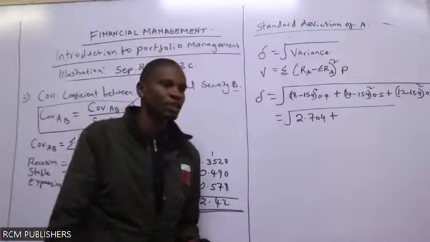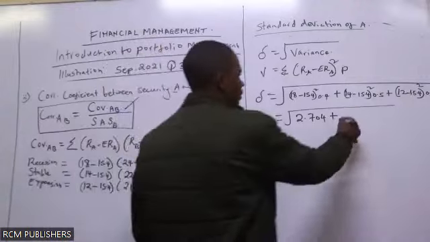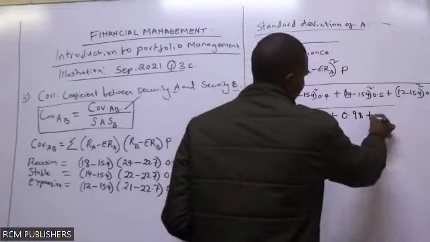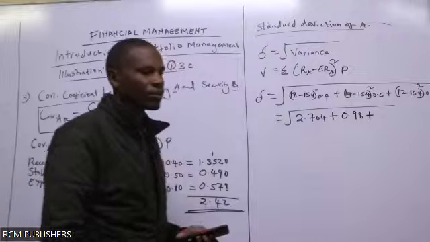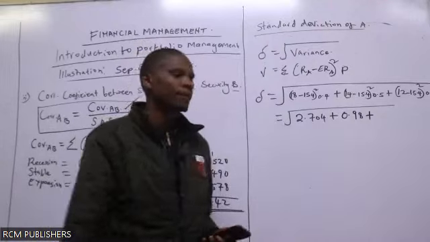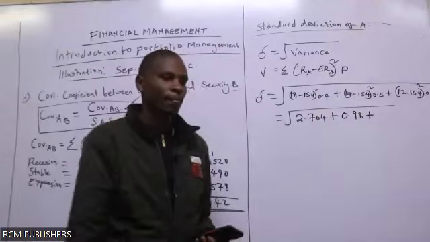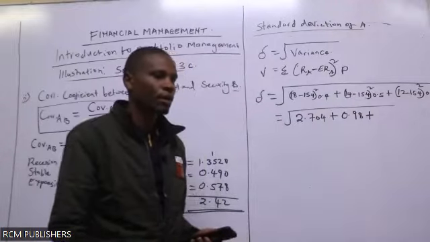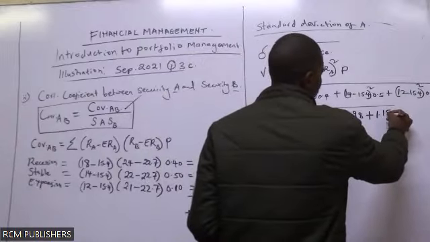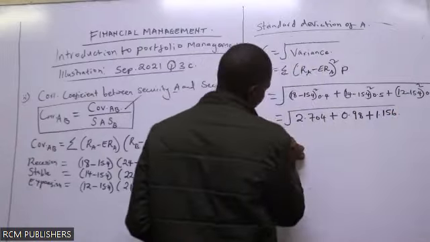How much are you getting? 0.98. Then we add the last one, 12 minus 15.4, then you multiply by 0.1. 1.156. Now with this, I can proceed.